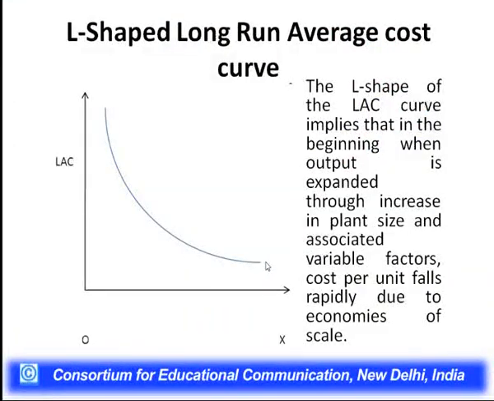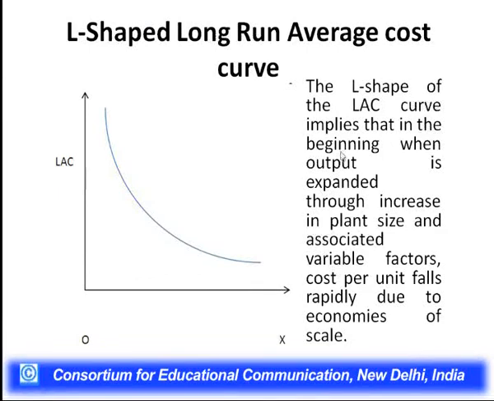Generally, we have said that LAC is of U shape, but modern economists say that LAC is also of L shape. In the L shape, it is firstly declining and then becoming parallel to the X axis.